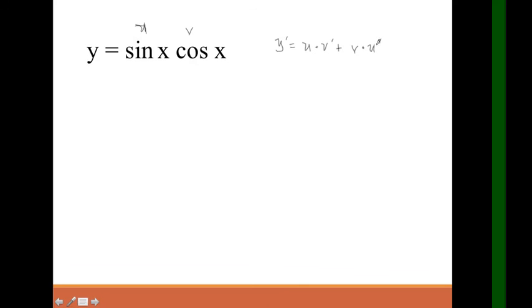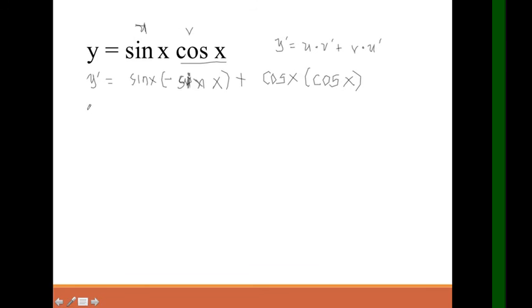Okay, so alright, what's now the derivative of y? So we have u, which is sine x. What's the derivative of v? That's negative sine x, right? And then plus v, which is cosine x, times, what is the derivative of sine x? That's cosine x, right?